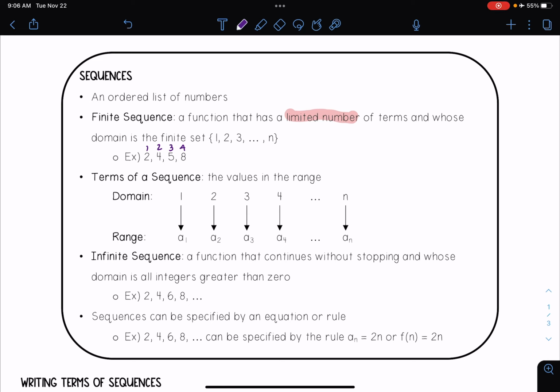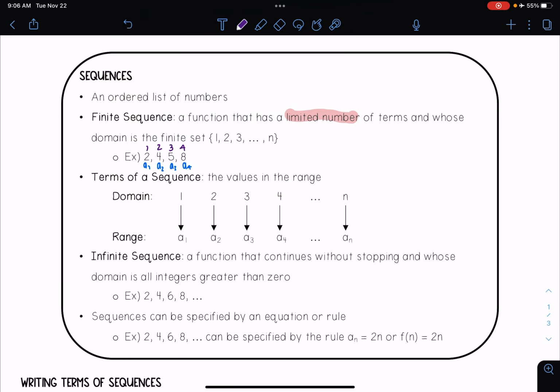So I see here my domain for this example sequence was 1, 2, 3, and 4, because that's how many terms I have. The range would be the actual values. So looking at this same example, my range would be 2, 4, 5, and 8.